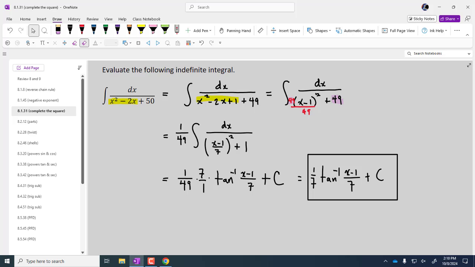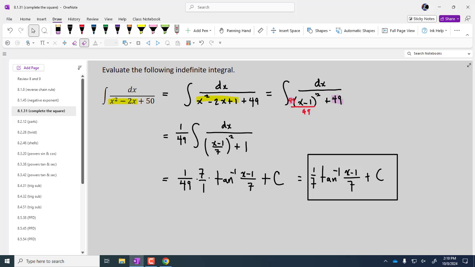Other questions? Yeah. So let's say we have that complete equation, but we have a 3x over it. Would we separate it into two different integrals, like 3x over that and then 3x over that? So in the numerator, if we had just a 3x, or a 3 plus x? 3x.